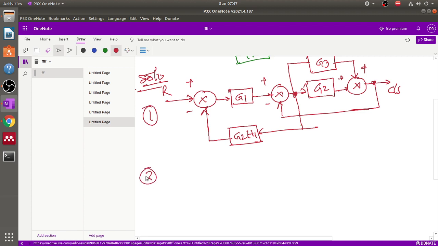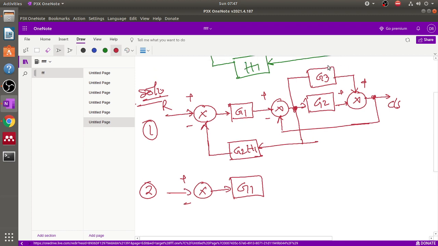Now in step 2, we again draw this circuit, G1. Now for these two blocks we can apply the parallel rule. We know that. Yes, right, absolutely correct. We apply G1 plus G2.